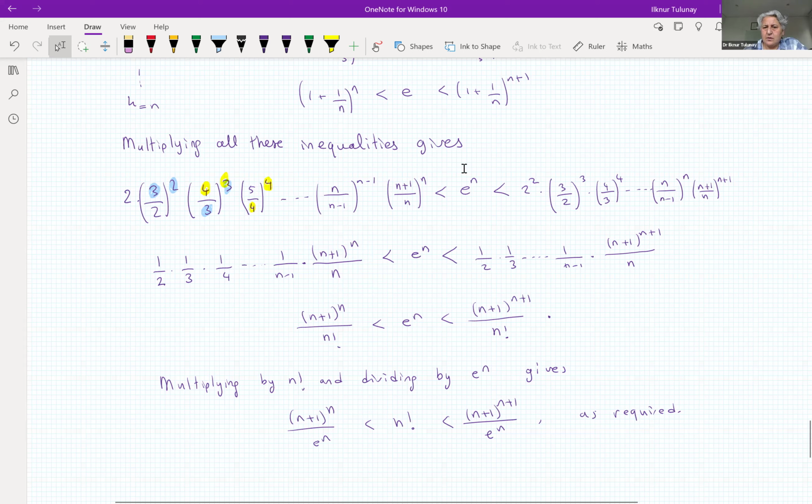And now this is e to the n, and similar to this pattern, I will have 1/2 from here, 1/3 from the next, and so on.